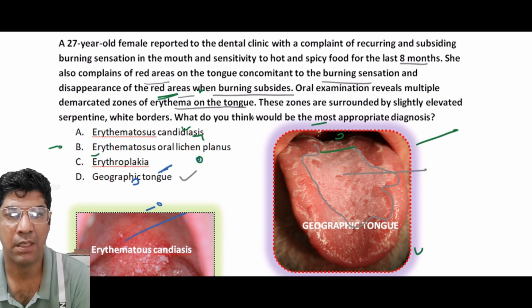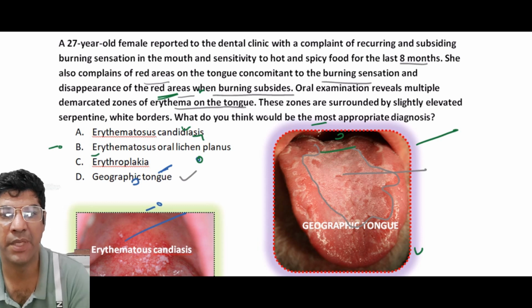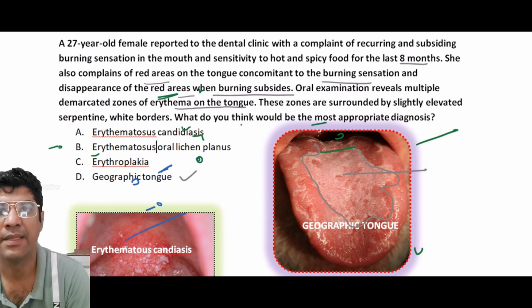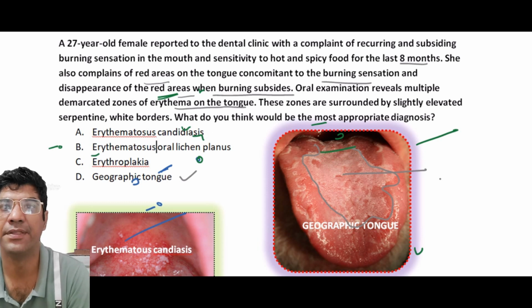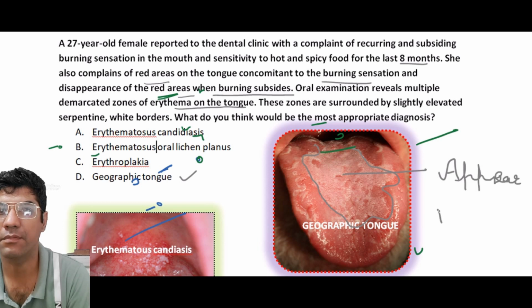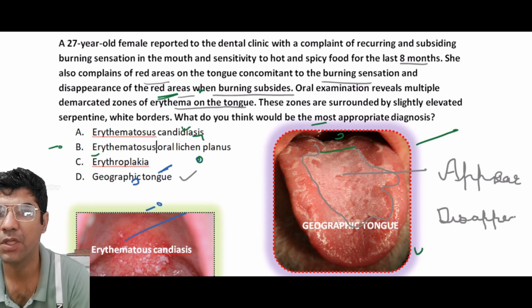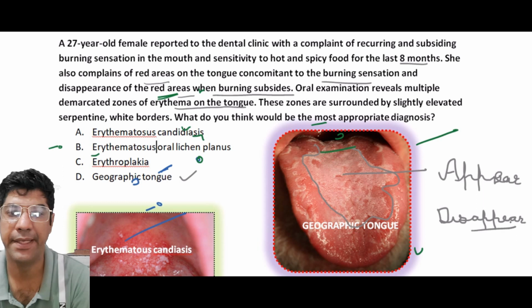In the geographic tongue, it is a condition where transient irregular shape erythema occurs on the tongue and appears and disappears.